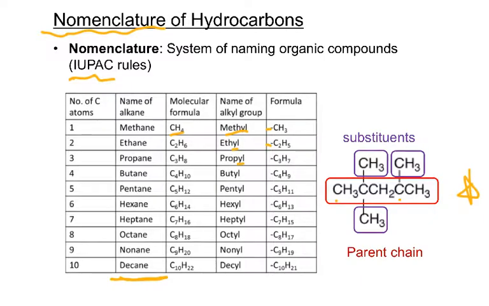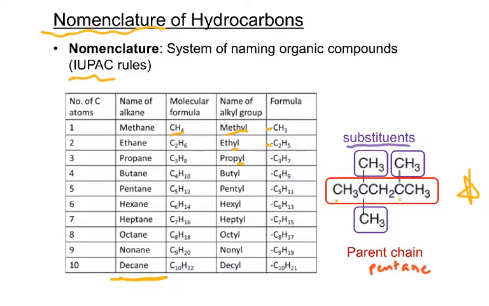So we would call that parent chain a pentane. But then there's 3 CH3 groups sticking off or branching off. And so these branch groups, we call those substituents. And so substituent is just the term that we use for these branched off points.